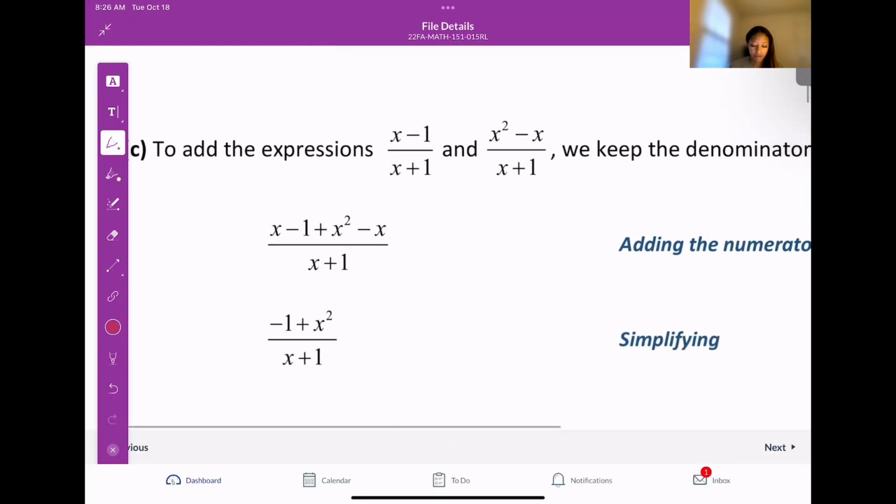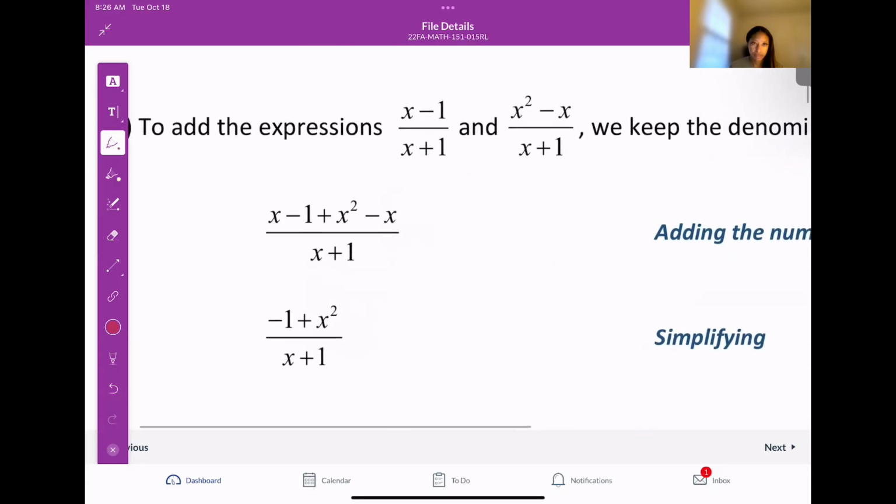All right. The next one works out similarly when you add and you factor. For x minus 1 over x plus 1 and x squared minus x over x plus 1, we're adding everything together. So we get x minus 1 plus x squared minus x over x plus 1. We simplify that, the x's cancel out, and we have negative 1 plus x squared.